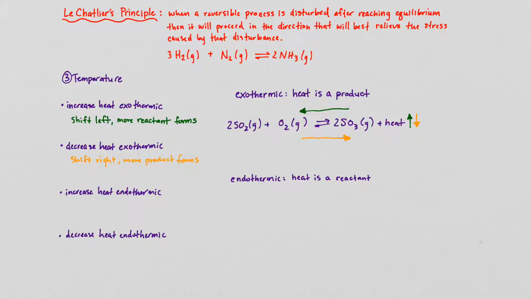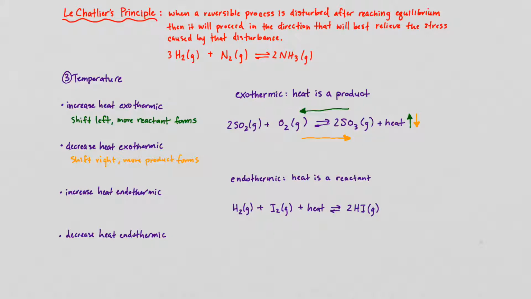And an endothermic reaction is the formation of hydrogen iodide, which we've talked about. Gas plus heat is in a reversible reaction with hydrogen iodide as a gas. All right.